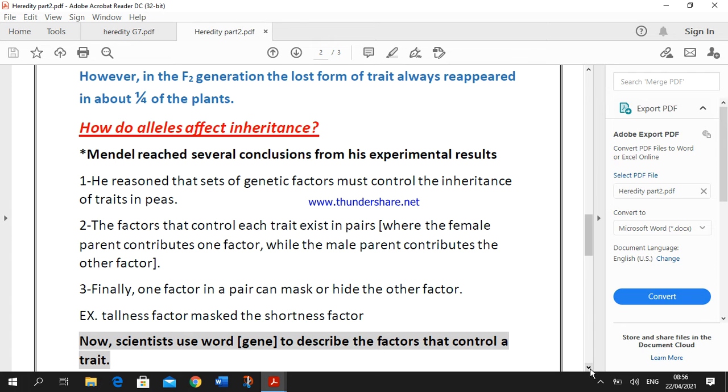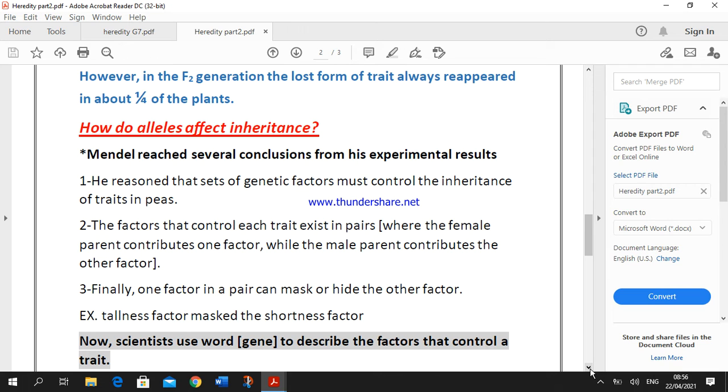Conclusion number two: the factors that control each trait exist in pairs, where the offspring receive one factor from the female parent, okay, and the other factor from the male parent. So each trait is controlled by factors, and these factors exist in pairs, one from the female parent and the other from the male parent.